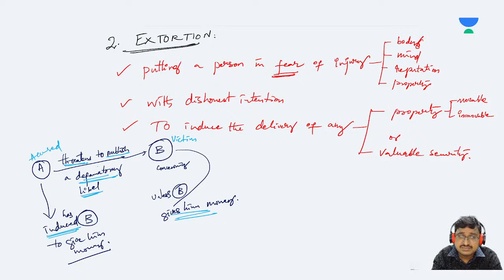Now, threatening to publish a defamatory libel amounts to fear of injury to the reputation. Mr. A has induced Mr. B to give him money. It shows his dishonest intention, friends. Therefore, it amounts to extortion. Now, let us see some other illustration.